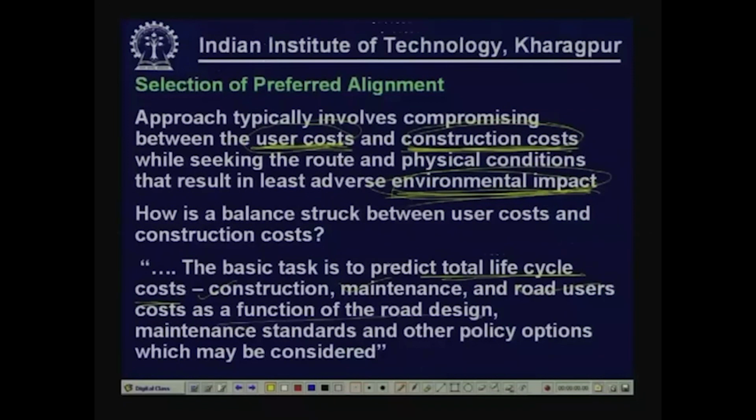Obviously, they are all a function of the road design, okay, and other policy options which may be considered. That means, essentially take the alternative, the preferred alignment, which is minimizing the life cycle cost. We are considering the construction cost, the maintenance cost, the road user cost, and we are taking the option where the life cycle cost is minimum.